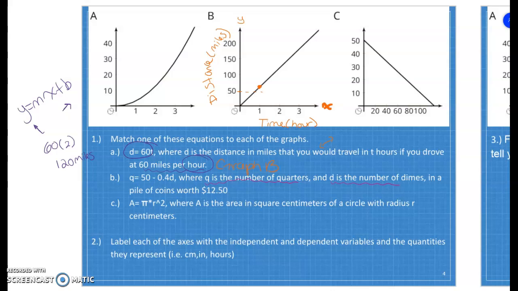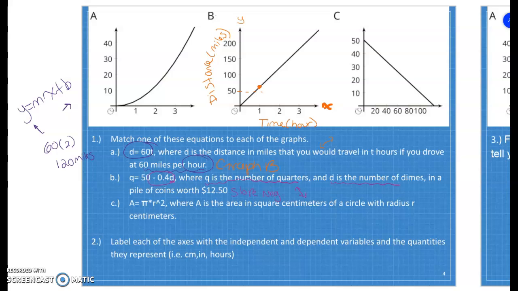The slope is always attached to the letter x, and in this case our x is D. The first thing I notice about this equation is our slope is negative, meaning our line is going to go down, or decrease, from left to right. So let's look at our options here.